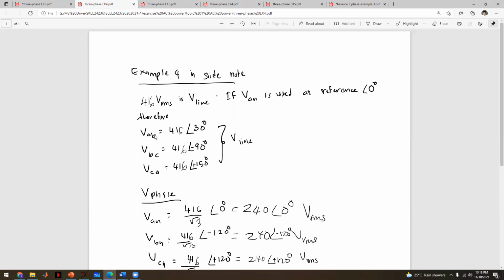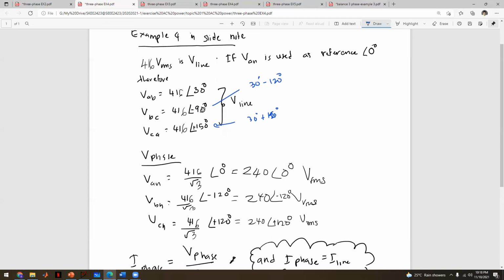So you can write VAB as 416 angle 30 degrees, and VBC is 416 with an angle of negative 90 degrees. Why? Because it comes from 30 minus 120 degrees. And this one is 30 plus 120 degrees. So that is your V line.